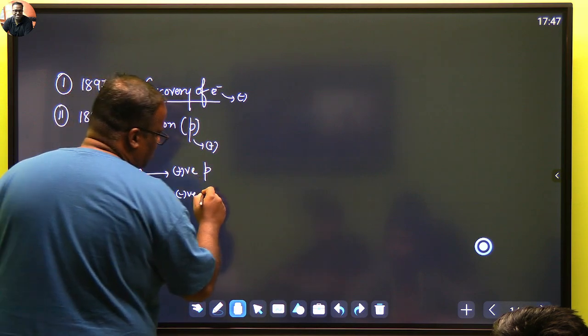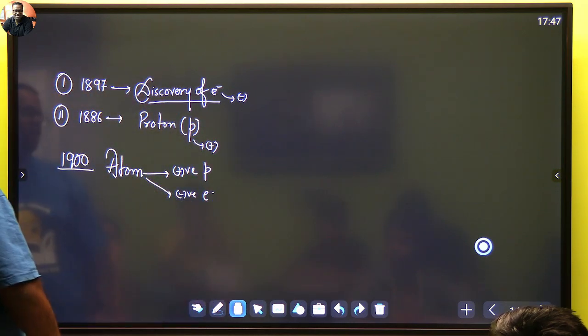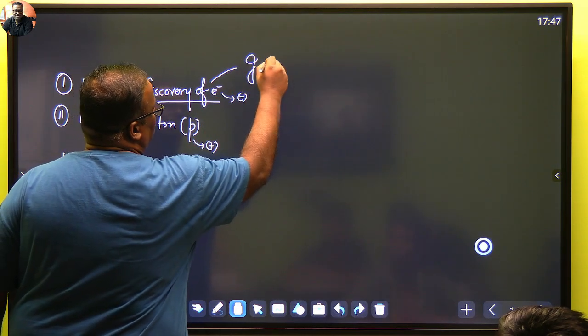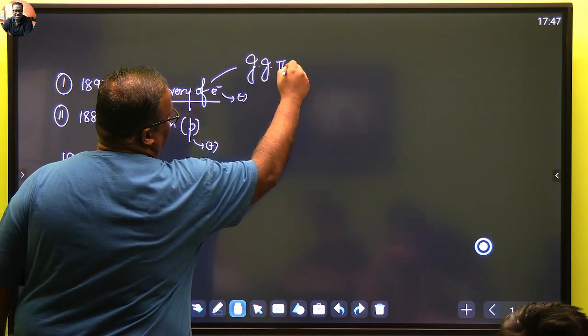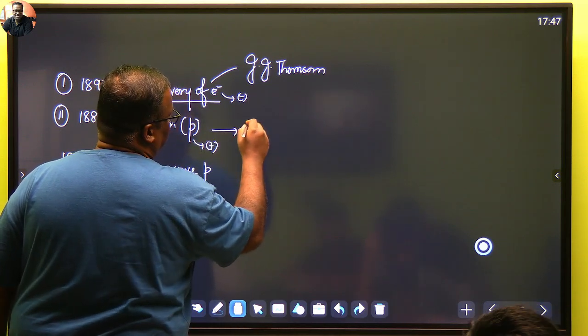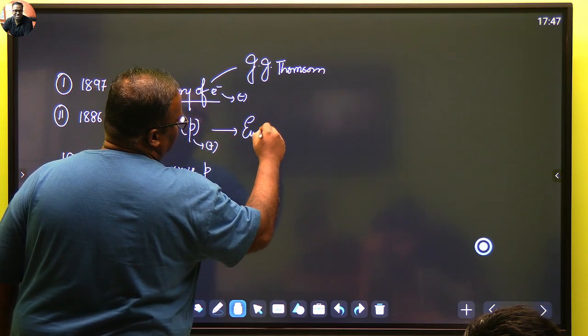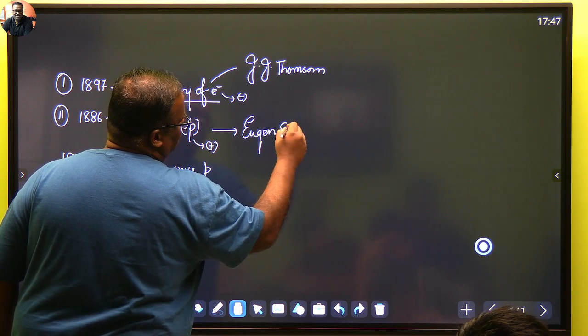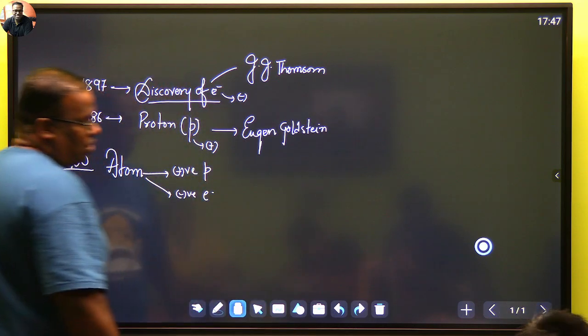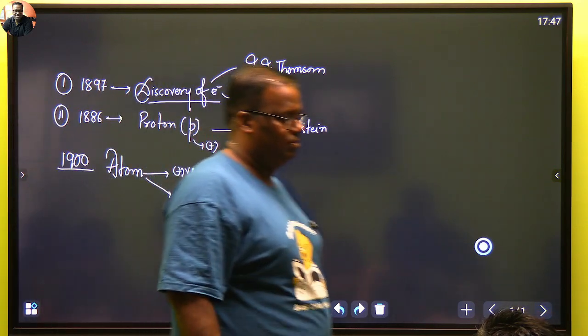Positives are known as protons, negatives are known as electrons. The electron's discovery is credited to J.J. Thomson. Write this down. This is for your interest. This is for J.J. Thomson, and this is credited to Eugen Goldstein. This much you write down.